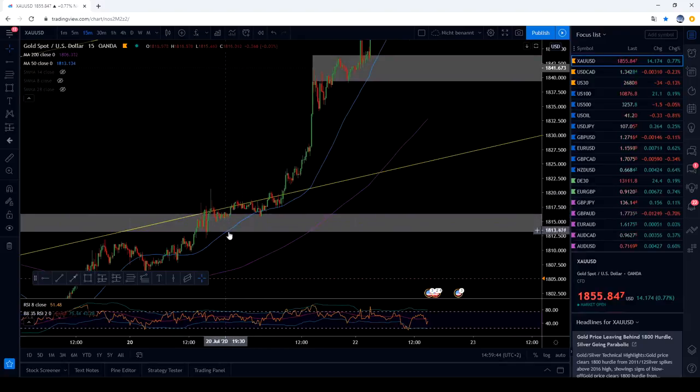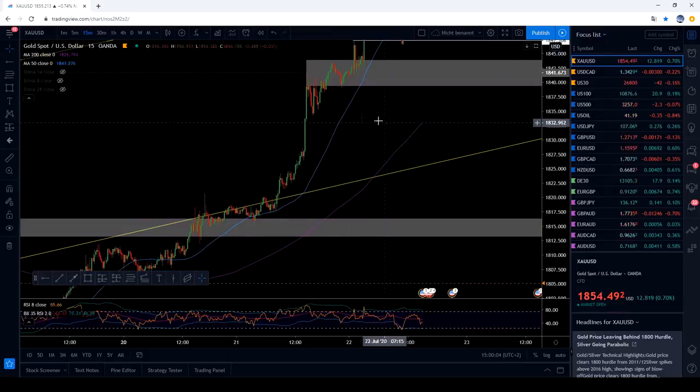The stop was around here. When it broke through the retest, new high, boom, and the stop was just around this area here. I didn't want it to go back down here, so this is where my stop was, and then the price was just moving up big time. And this was the area where I was getting out of that trade.